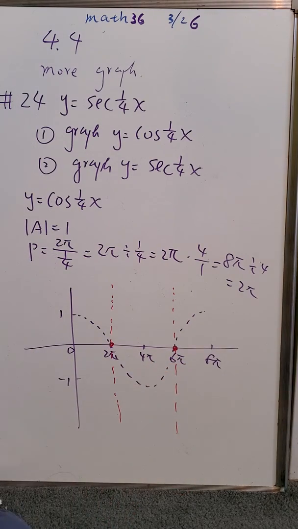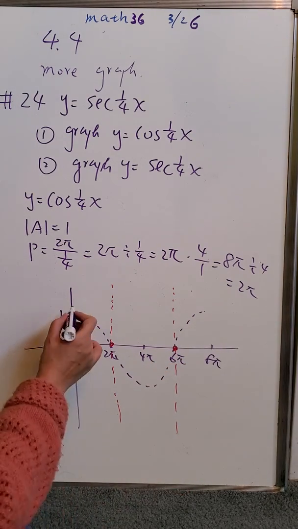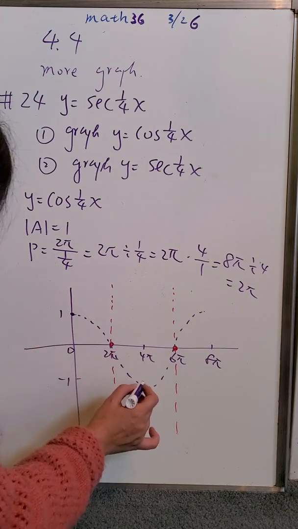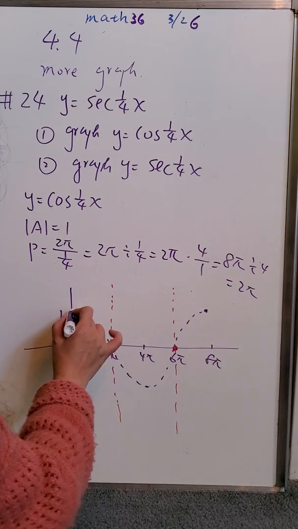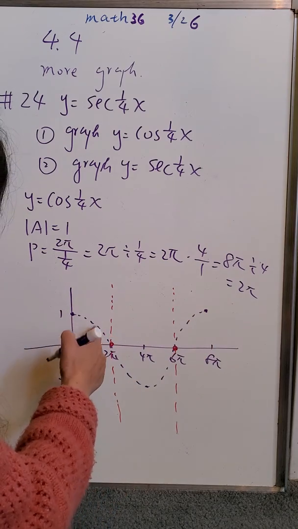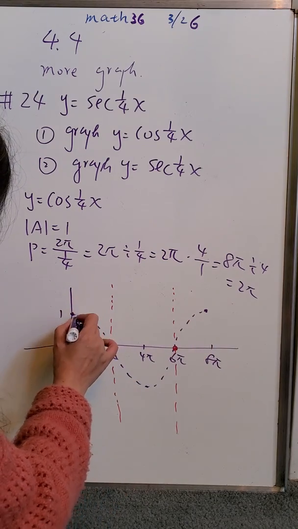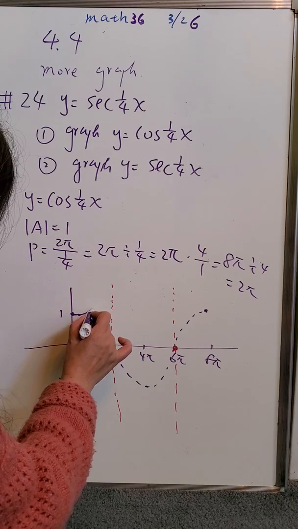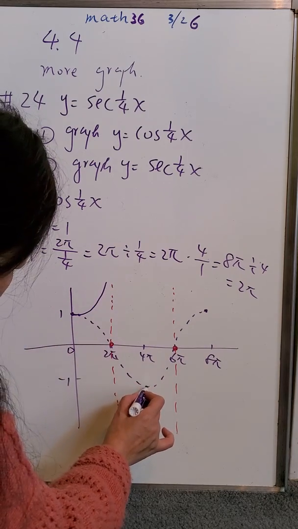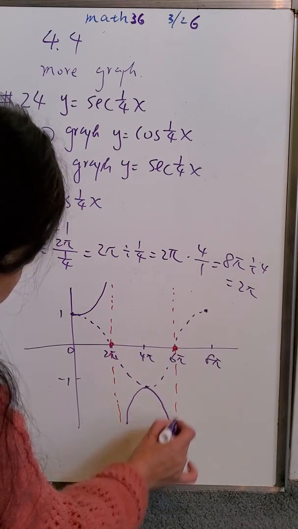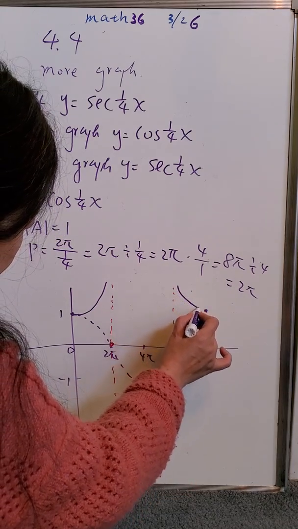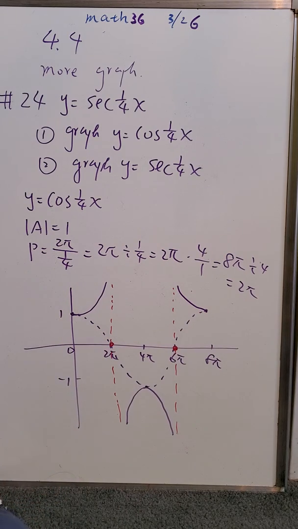And then we do the same thing. We find all the highest points and the lowest points in the graph, and then we draw the opposite of this one, the reciprocal of that one. So that's your graph for secant.